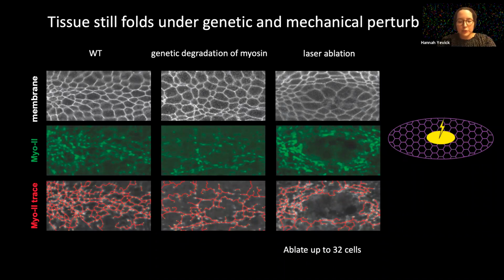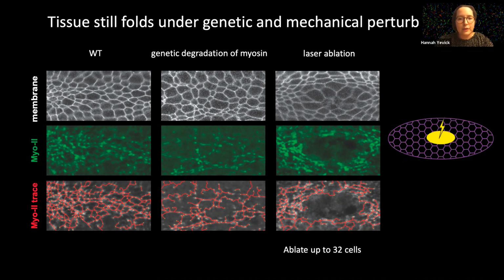And even up to ablations of 32 cells, the remaining cells were able to connect across the tissue, and the tissue continued to fold and develop correctly. Interestingly, in these cases, we were able to also follow the embryos up through the larval stage, and they were able to hatch out correctly. So these embryos formed viable organisms afterwards.